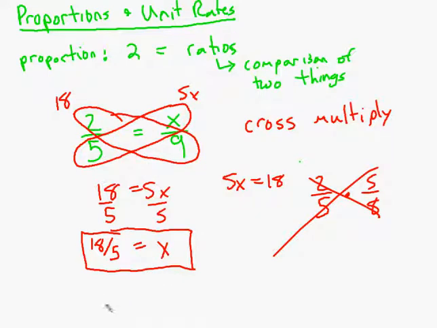Here's why it works. So let's do a simpler one. Let's say I have 5 over 12 equals x over 36. So we cross multiply. Trey, copy your notes.